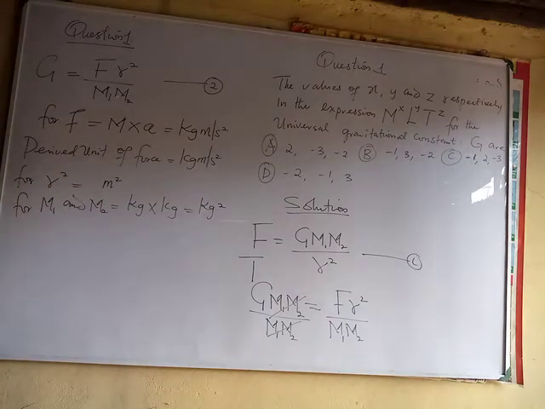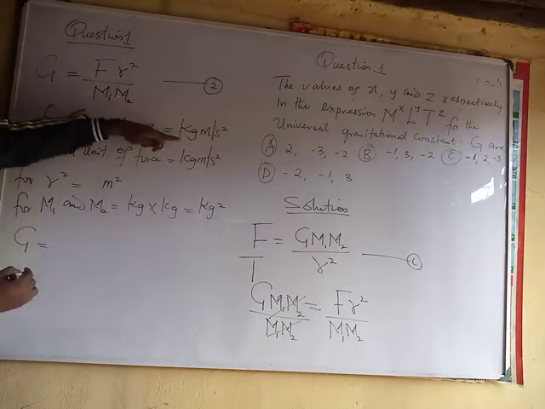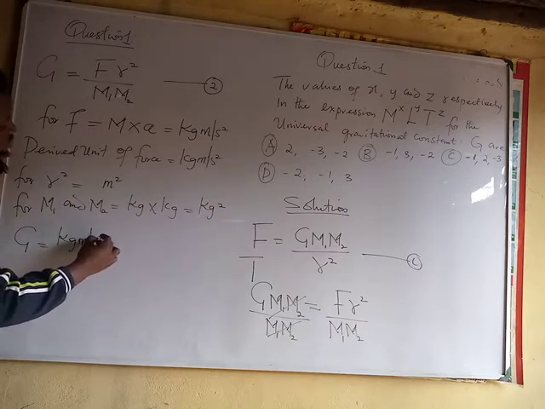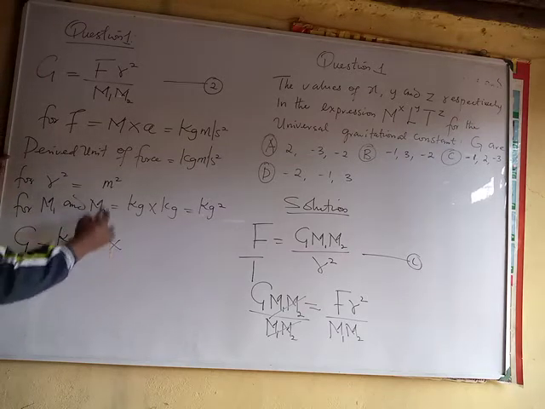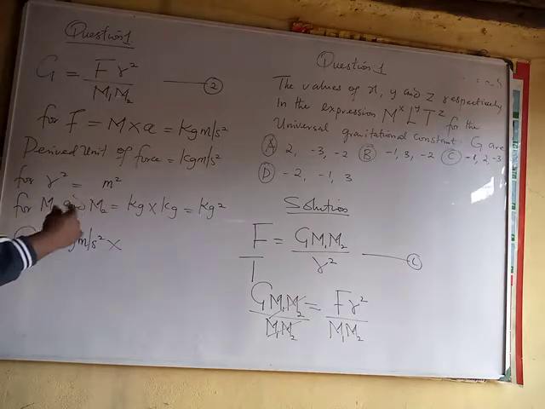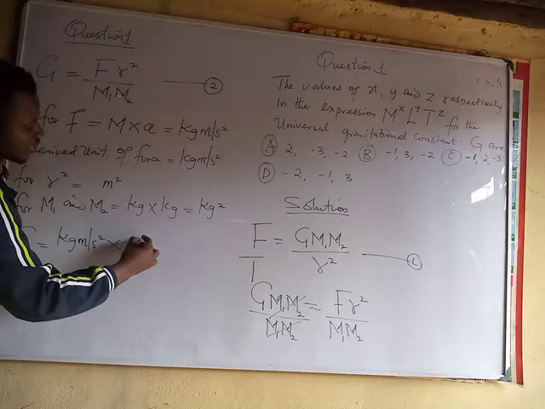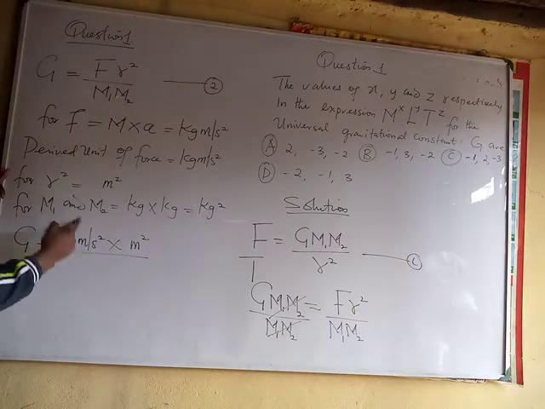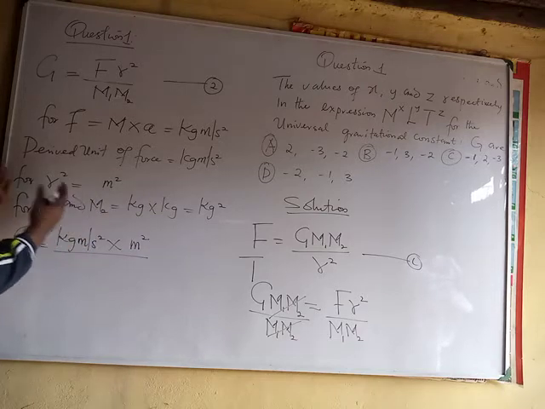Now, having known all these facts, what can we say? Our G is equal to, our F, which is the force, is kg meter per second square, times our r square, which is the distance, meter square, all over our m1 and m2, the product of them, which gives us kg square.